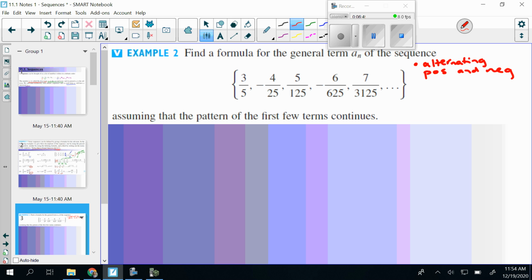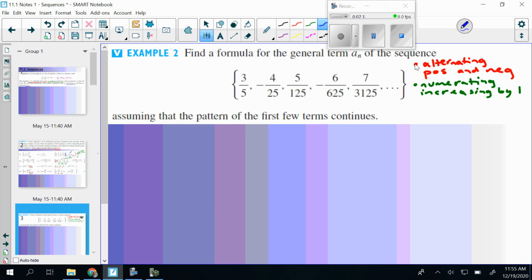Okay, what else is going on? Looks like on the top here, in the numerator, we're increasing by 1 each time. And in the denominator, what's going on there?